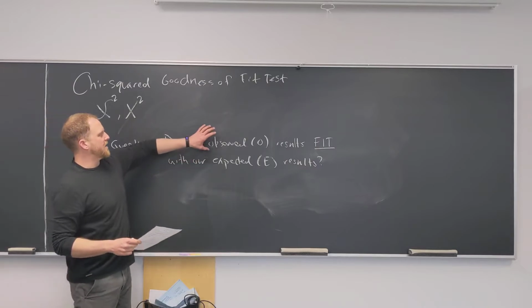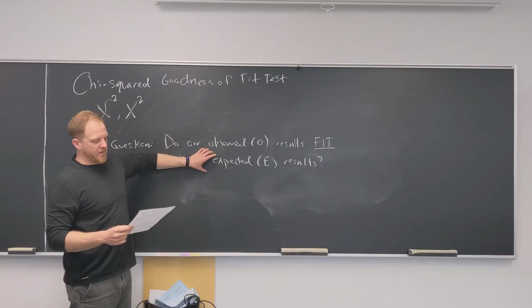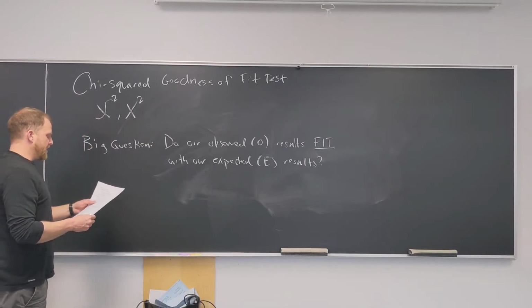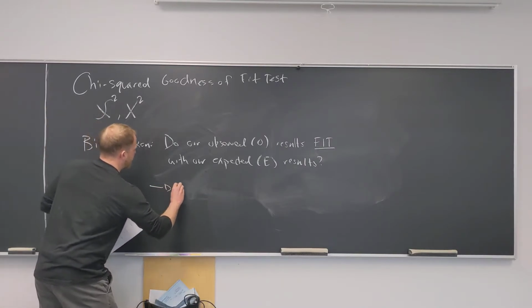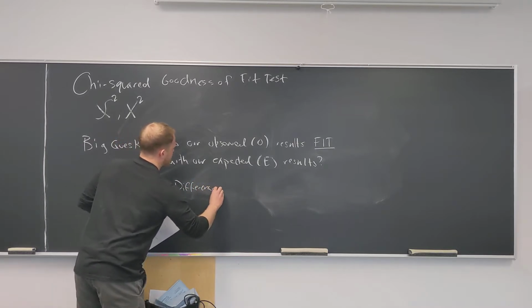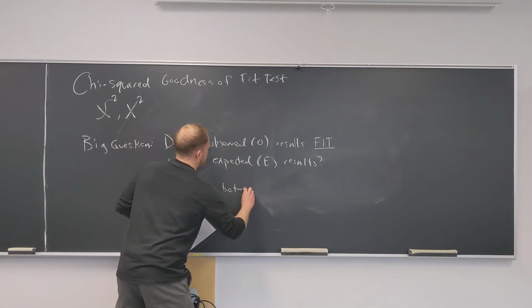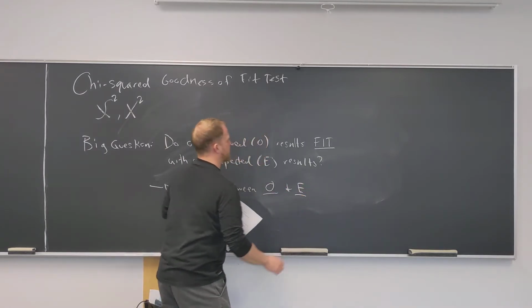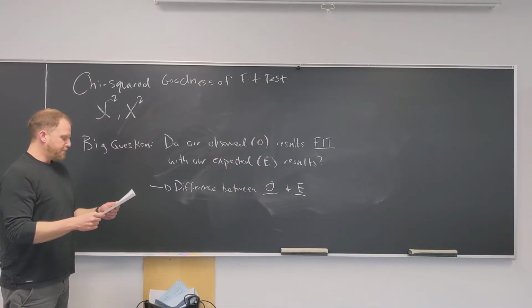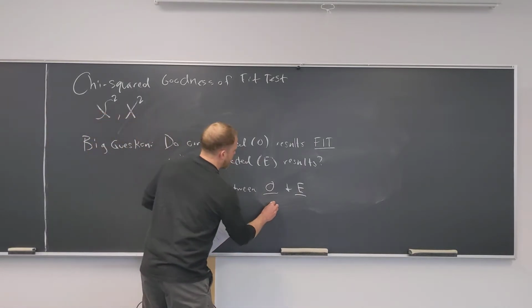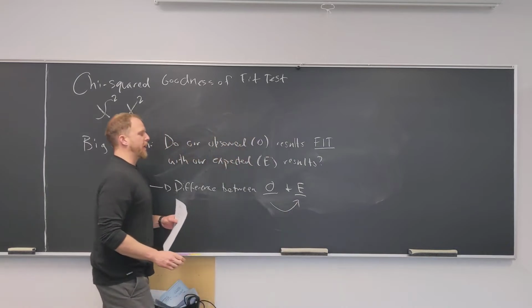How well does this set of data fit with this set of data? The basis of this test is the difference between the observed and the expected. Basically, this test measures how well our observed conforms to what we expected.